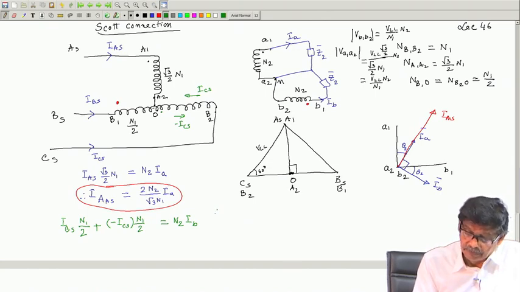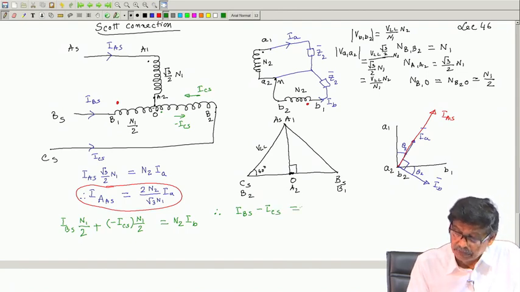Therefore, we get IBS minus ICS, these two terms, is equal to 2 N2 by N1 into IB.